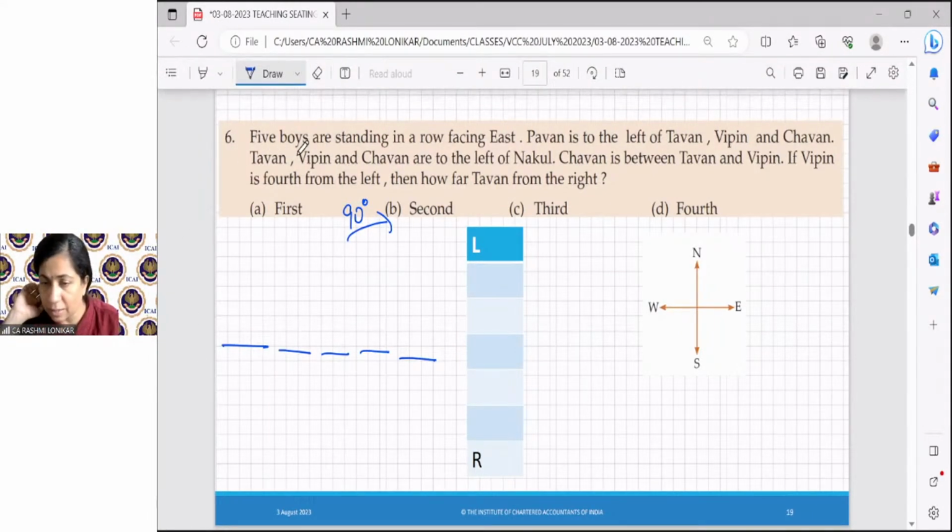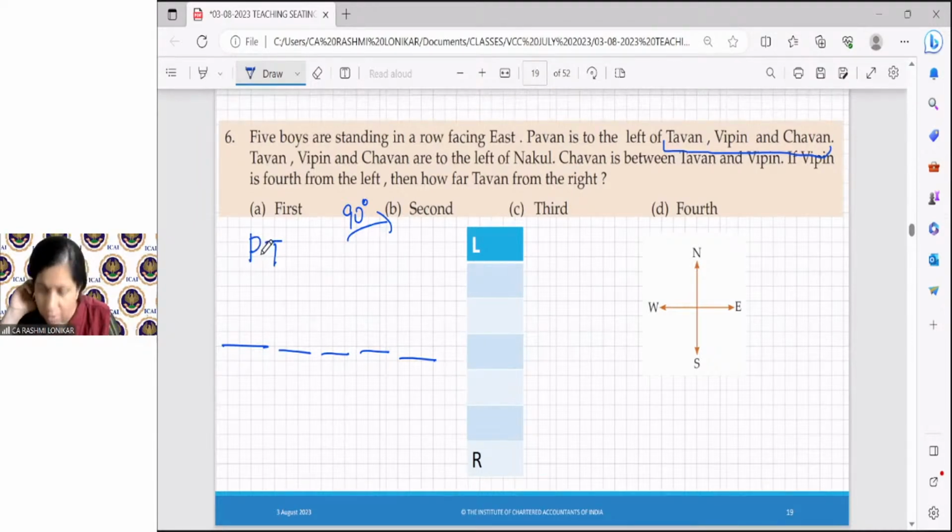5 boys are standing in a row facing east. Pavan is to the left of Tavan, Vipin and Chauhan.